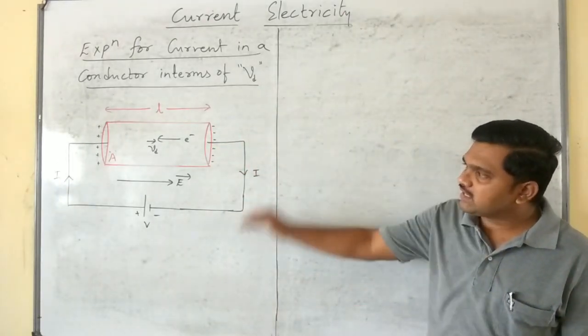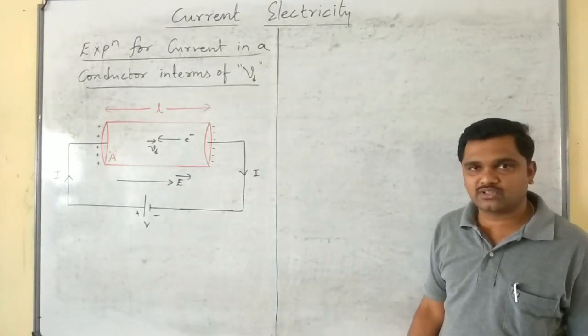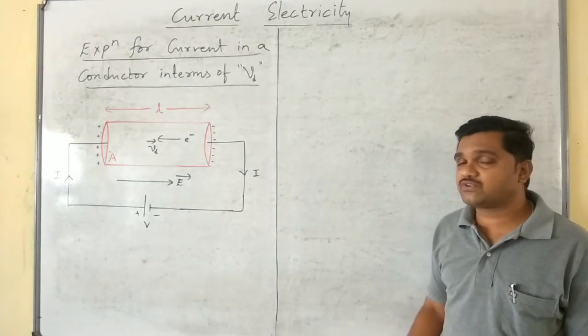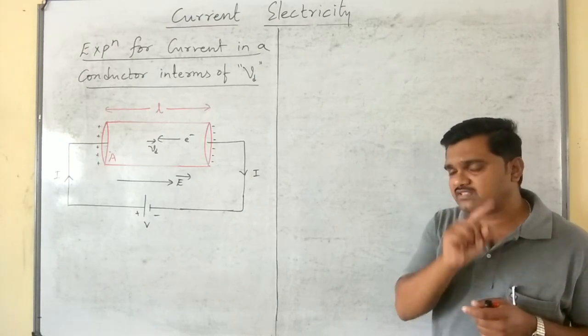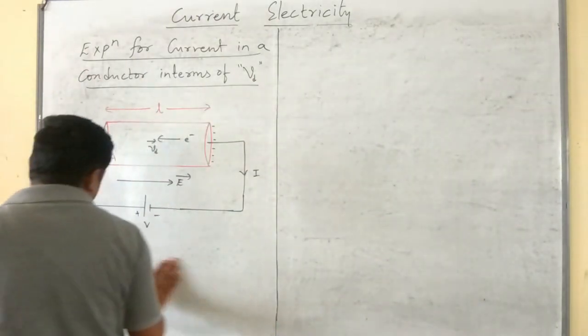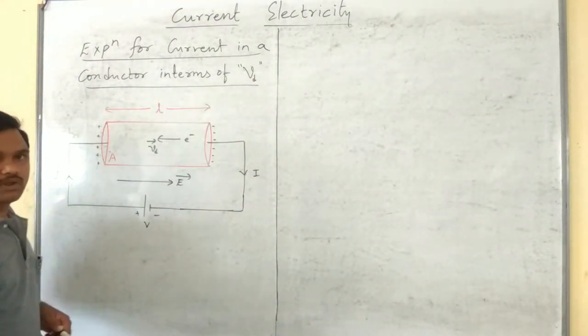While deriving the expression for electric current through the conductor in terms of drift velocity, you must consider one very important sentence. Without that sentence, you may lose 1 mark.